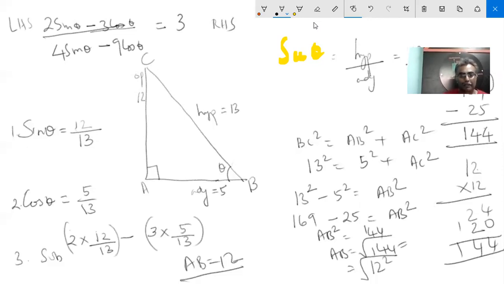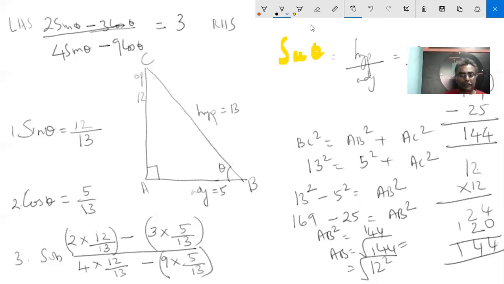Now you have to divide. Two into 12 by 13, divided by 4 into 12 by 13 minus 9 into 5 by 13.